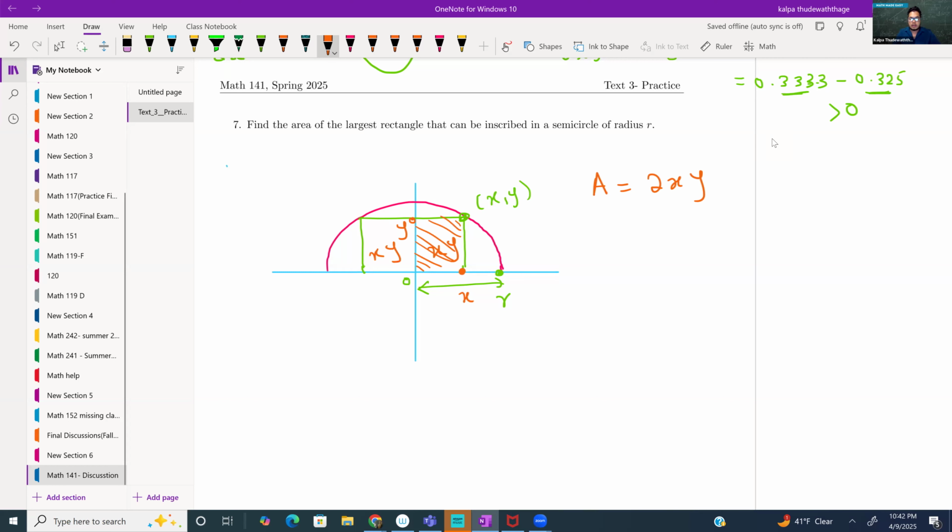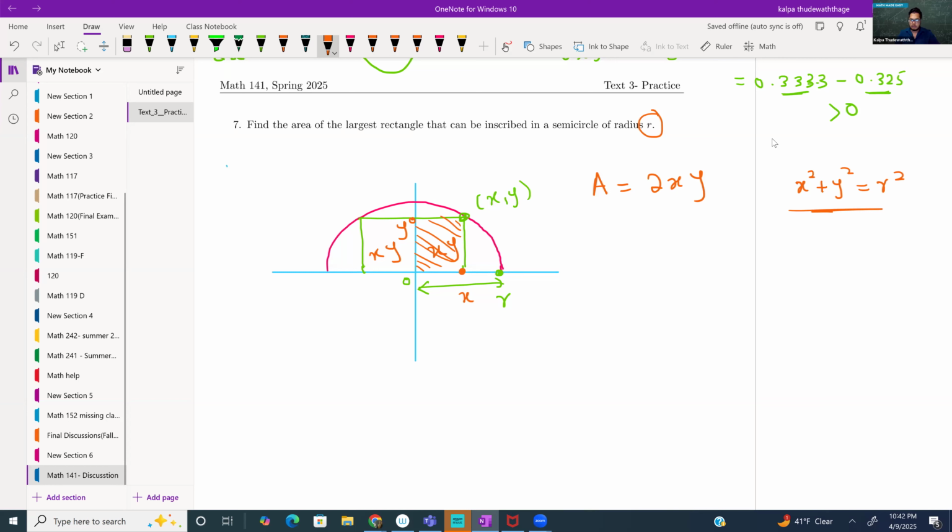But you know, if you have a circle with radius r, the formula of the circle is x to the power 2 plus y to the power 2 equal r to the power 2. That's the basic formula of the semicircle or circle. Okay, it's very important you get the connection between x and y.